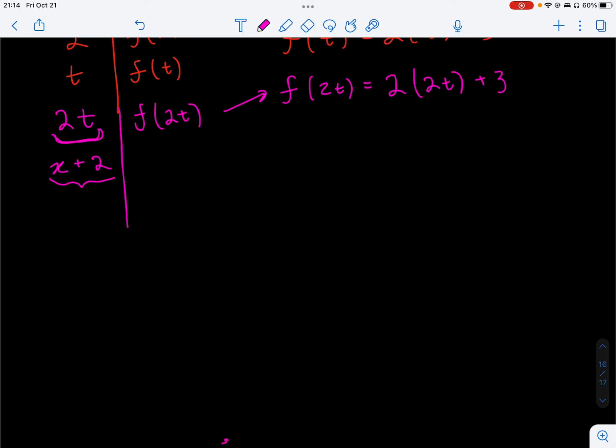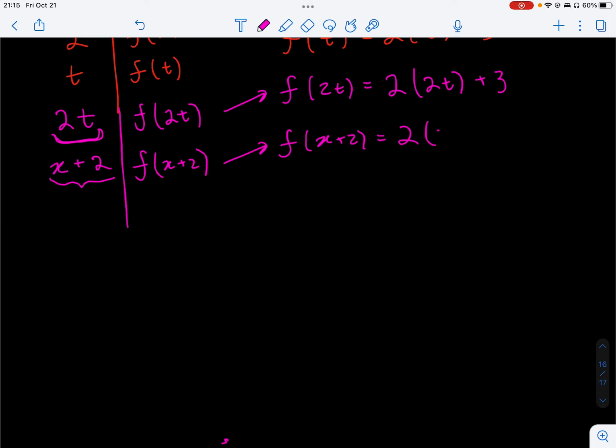So in essence, I'm plugging in 2 more than I technically, quote unquote, plug in initially. In terms of representation, think about what this is going to look like. It's going to be f of x plus 2, close parentheses. And how are we going to plug this in? Well, the same exact way.